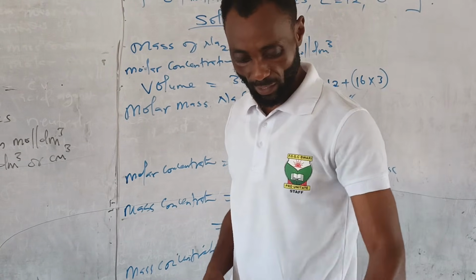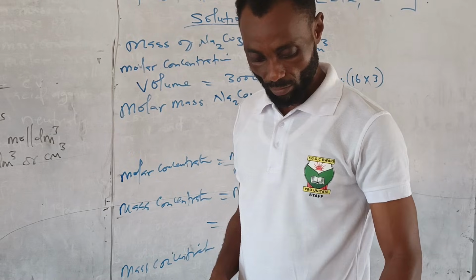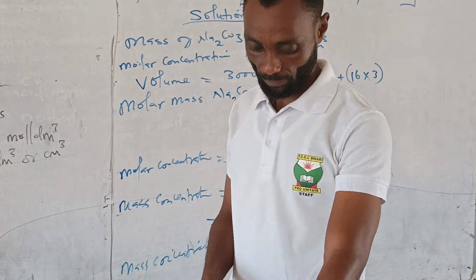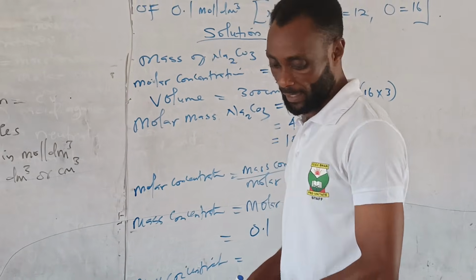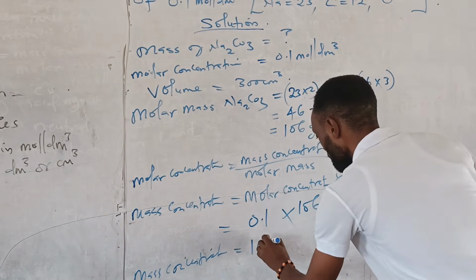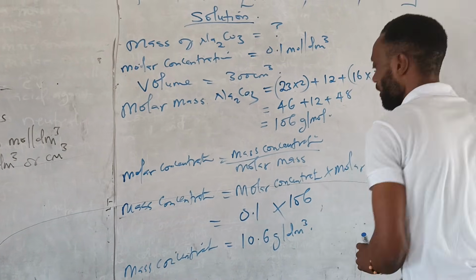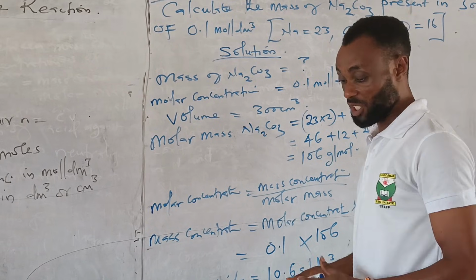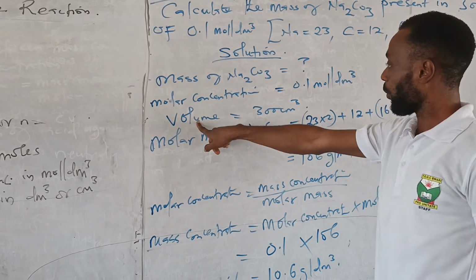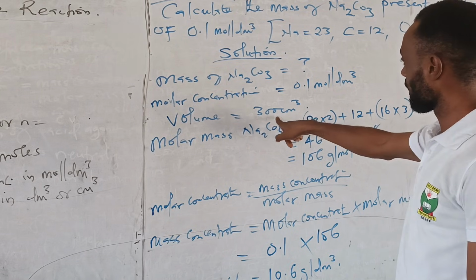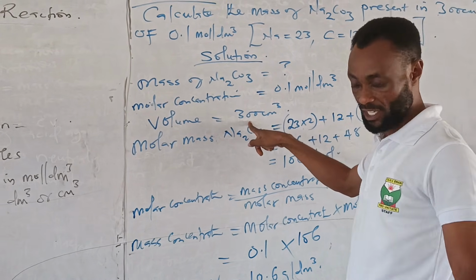You can use your calculator, and that will give us 10.6 gram per dm cube. It is not finished yet because we have to make use of the volume stated in the question, because we haven't applied this yet.